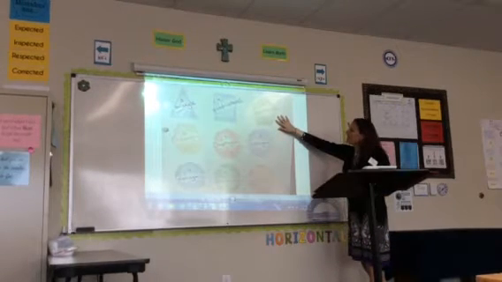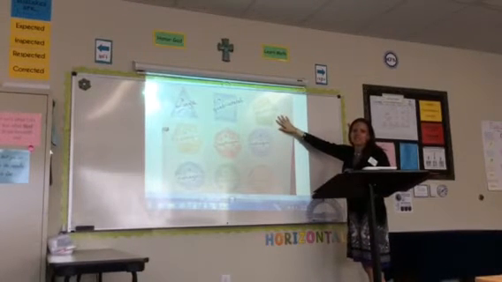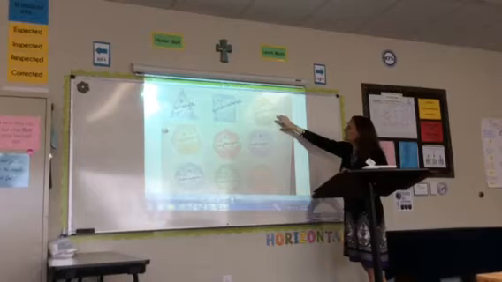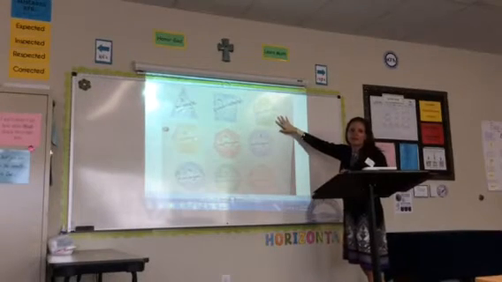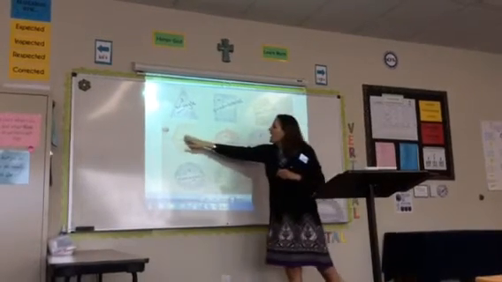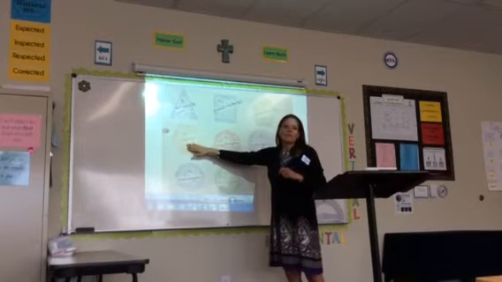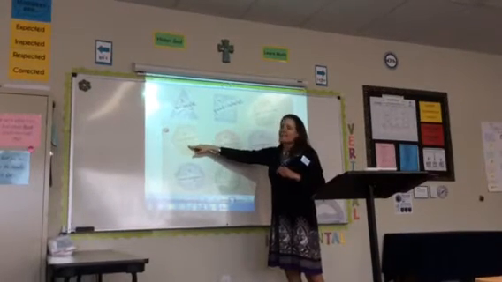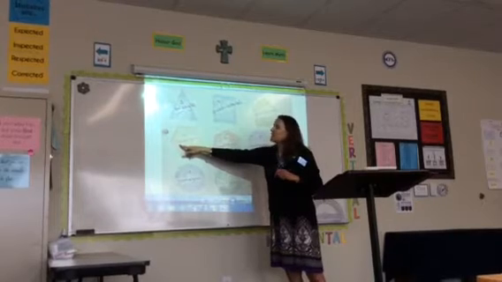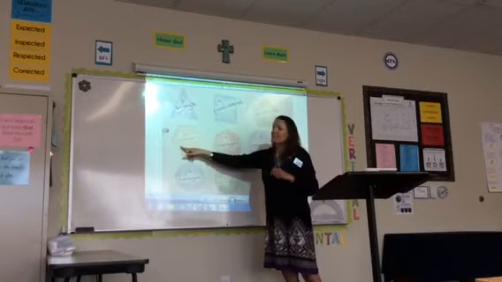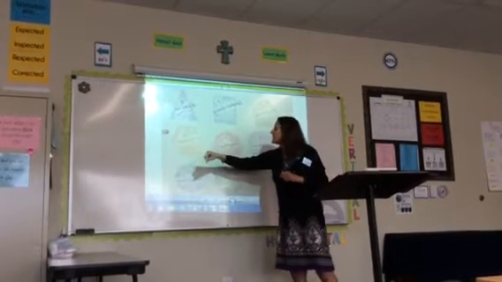A pentagon, like in Washington, D.C., the Pentagon, is a five-sided building, a five-sided figure, polygon. Hexagon is six sides. The way I remember it is six is S-I-X and hex is H-E-X, so it sounds similar, hexagon.